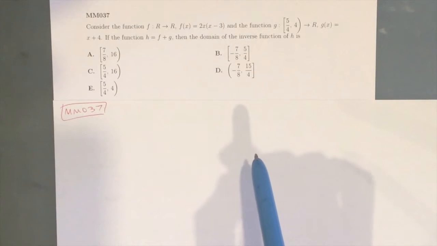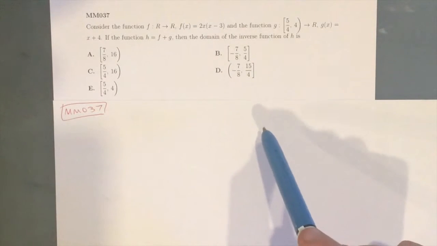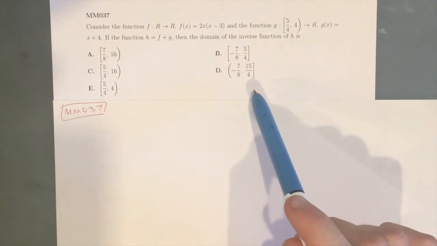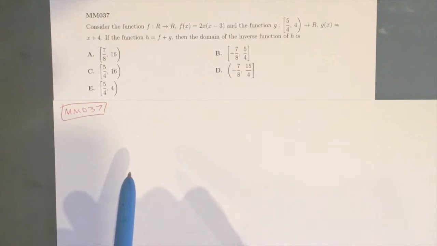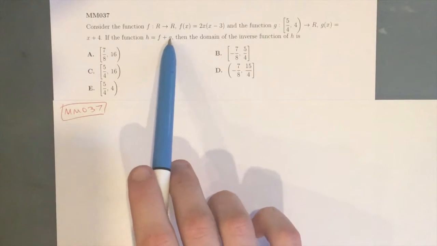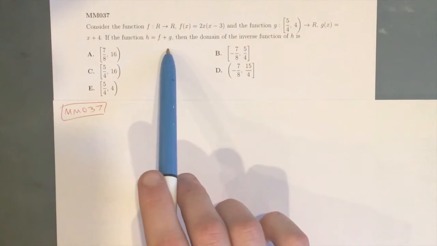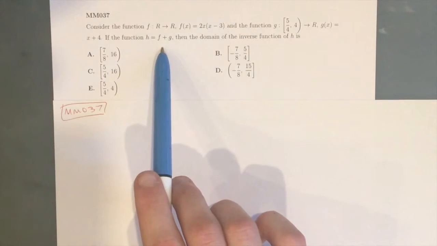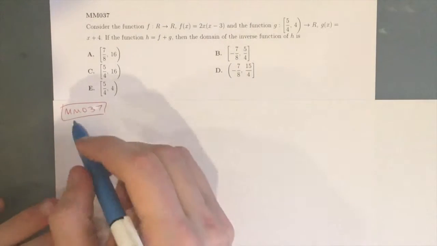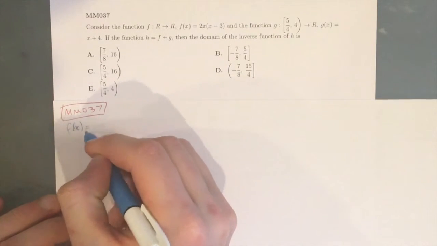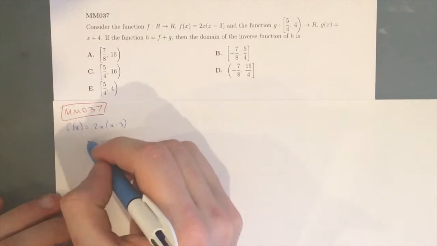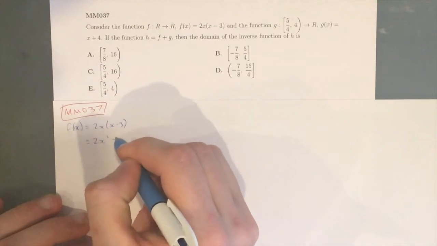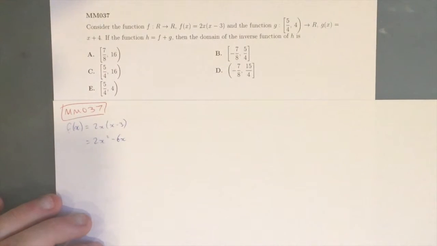Okay. There's a few different parts to this question, and there are a few things that may confuse a lot of students. So the first thing, we've got h equals f plus g. So firstly, we actually need to figure out what f plus g is. We know that f of x equals 2x times (x take 3), which equals 2x squared minus 6x.